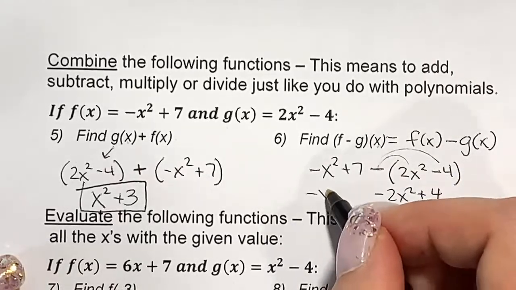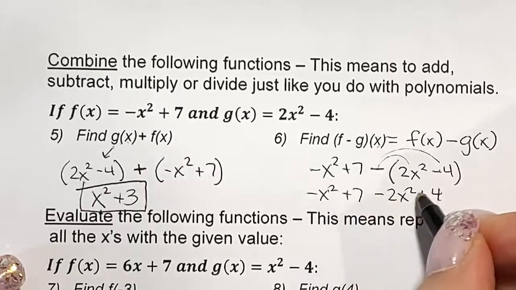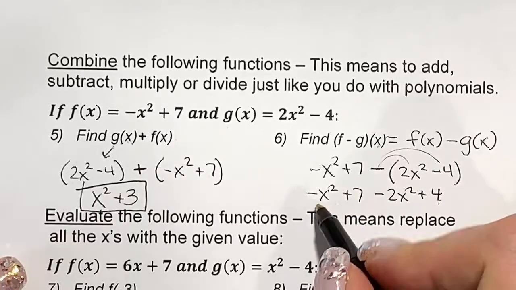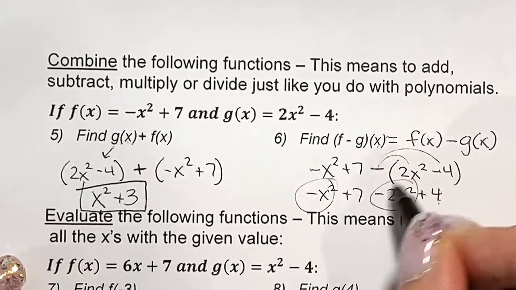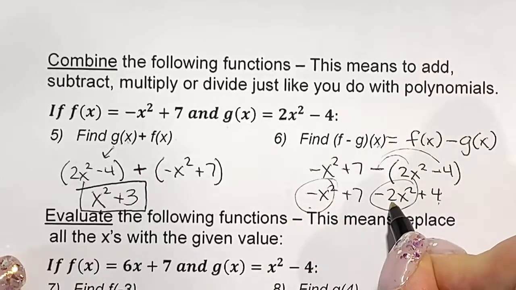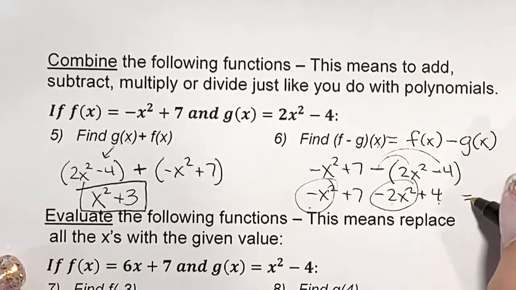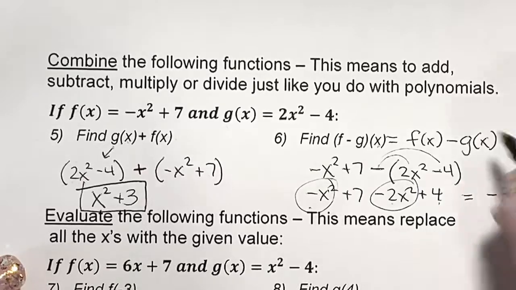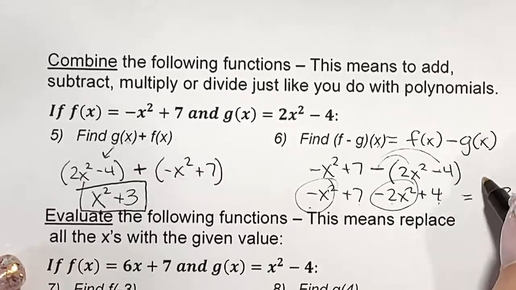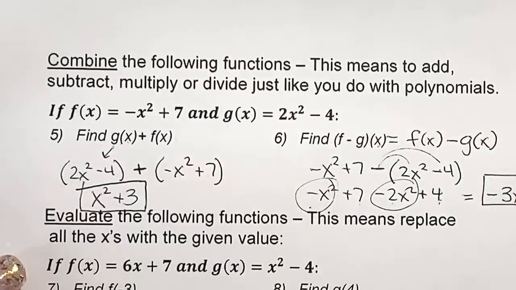So really I have negative x squared plus 7 minus 2x squared plus 4. Let's find our like terms. A negative x squared and a negative 2x squared give us a negative 3x squared. And then 7 plus 4 is 11. That would be your answer.